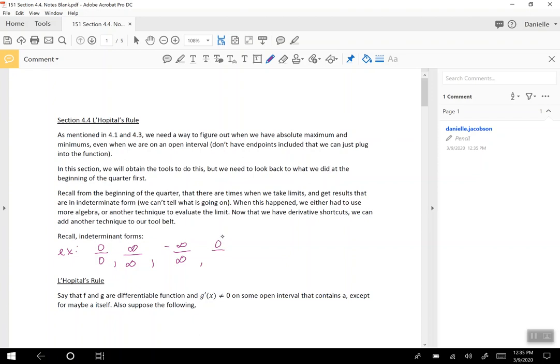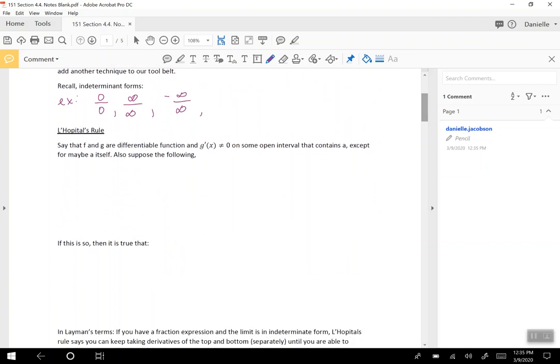I could keep going with this. I could say infinity over negative infinity, etc. But basically, just remember, you have an indeterminate form, you don't know what's going on. Before, we might have done some more algebra or used a graph or plugged numbers in to see what's going on. Now we're going to learn a different strategy, and that's what we call L'Hopital's rule.